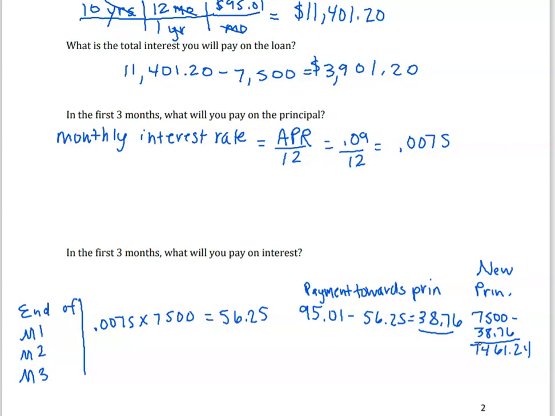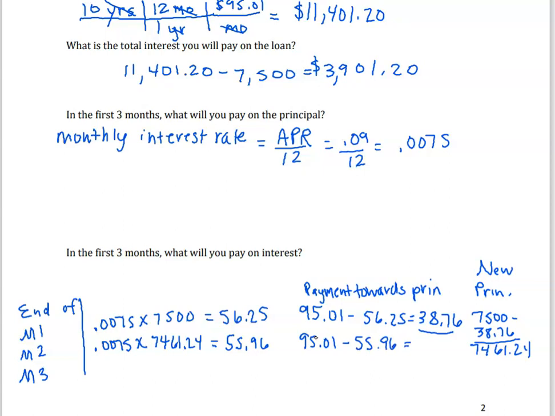Going into month 2, we still have this interest rate of 0.0075, but now we don't owe $7,500, we only owe $7,461.24. So when we do that calculation, we're at $55.96. Our payment is still $95.01, but we put a dent in our interest.